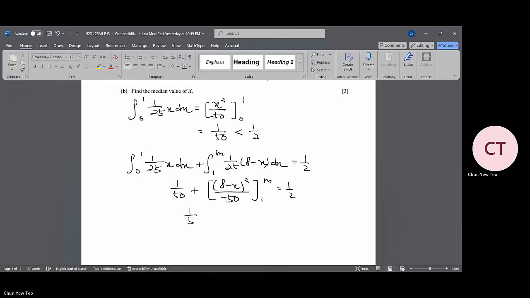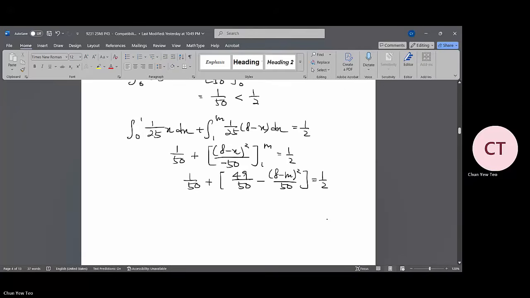So you get 1 over 50 plus 49 over 50 minus (8 minus m) squared over 50 equal to half.